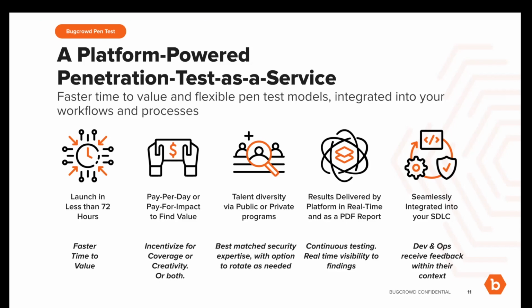Of course, the Bugcrowd triage team will triage those findings before you can accept them and move them into your SDLC. But you still have visibility to them as they start coming in from the researcher submissions. And at the end of the engagement, you can always get a PDF report if you need to share it with your auditors or third parties as needed, as with traditional models.